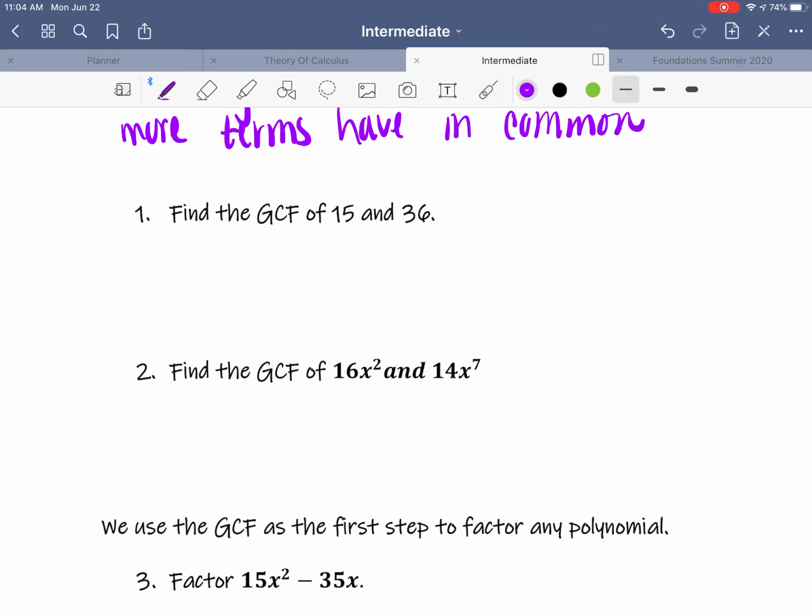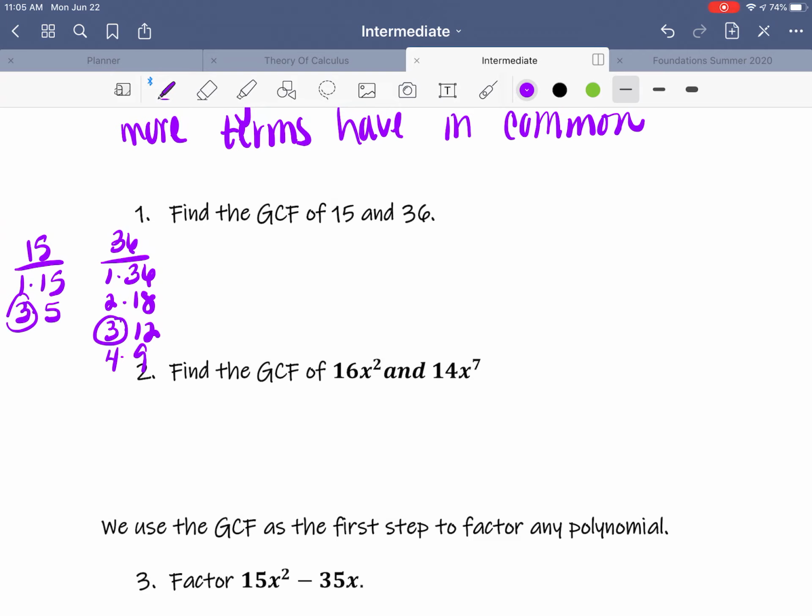If you're good with factors, you can see, between 15 and 36, what is the largest number that goes into both 15 and 36. You could even make a table if you wanted to, list out some factors of both, and find the largest common factor.